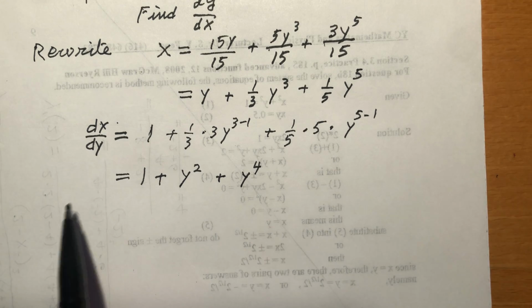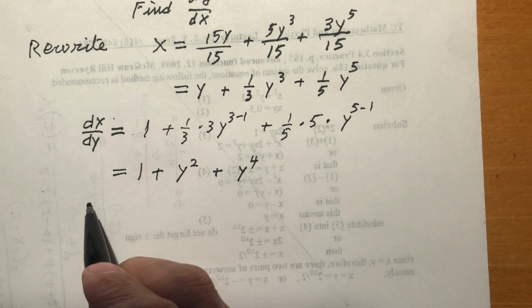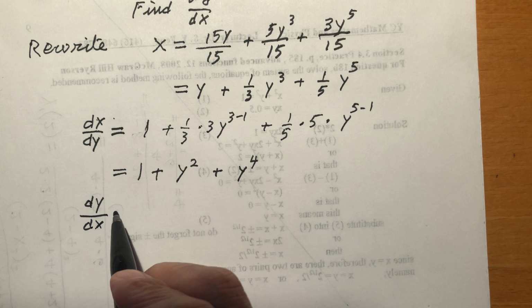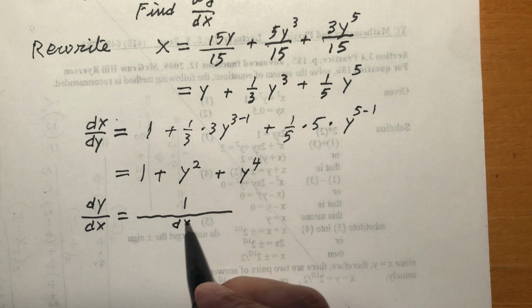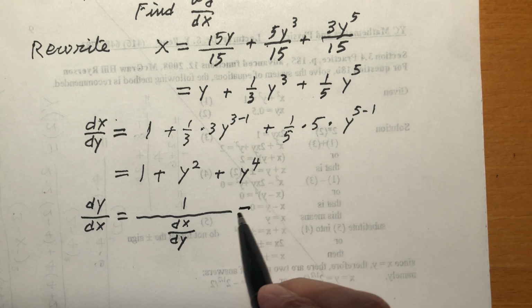So it's very simple to find the dx by dy. But I want dy by dx. So use the formula. Dy by dx is 1 over dx by dy. Just use this formula.